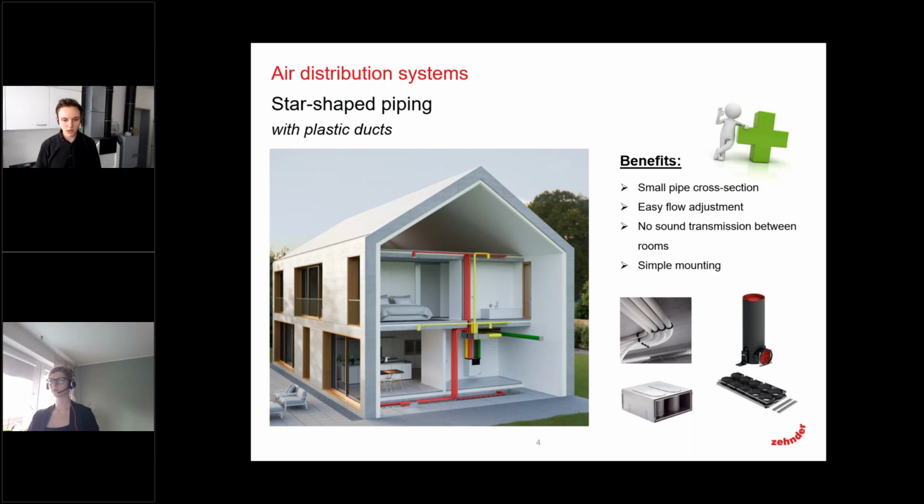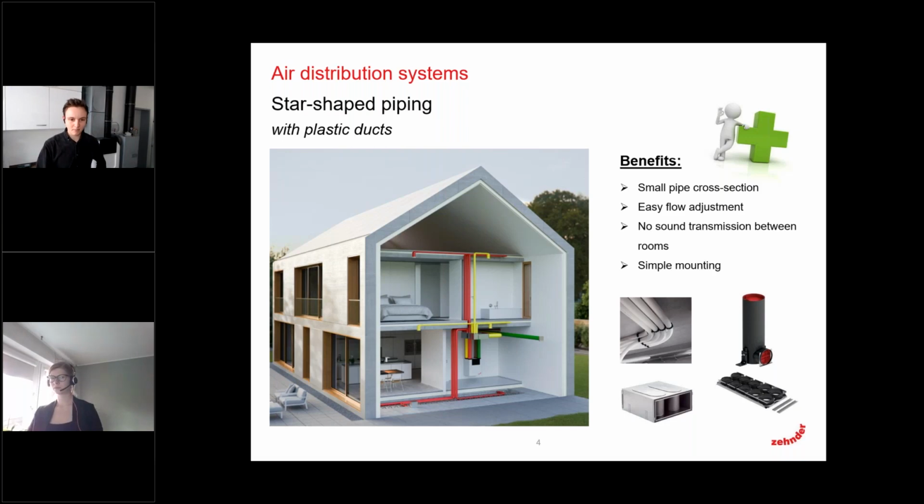And therefore, we have three different systems, three different products, which we will show later on. What is also a benefit is an easy flow adjustment. You can adjust every room. You have no sound transmission between the rooms. And it's also very simple for installation and very flexible as well.